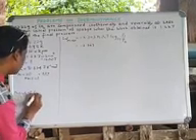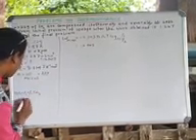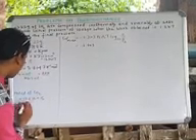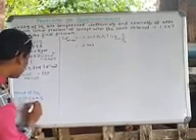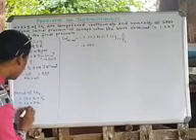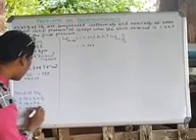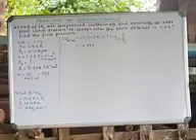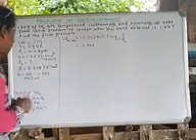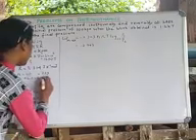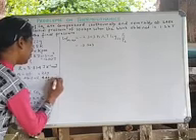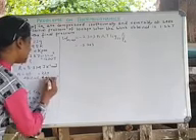Molecular weight of carbon dioxide is equal to 12 plus 2 into 16, which is 12 plus 32, which is equal to 44 gram mole inverse. Now I am substituting here 44 gram mole inverse. So gram is cancelled.